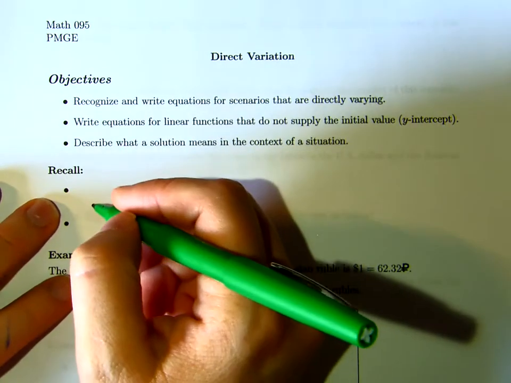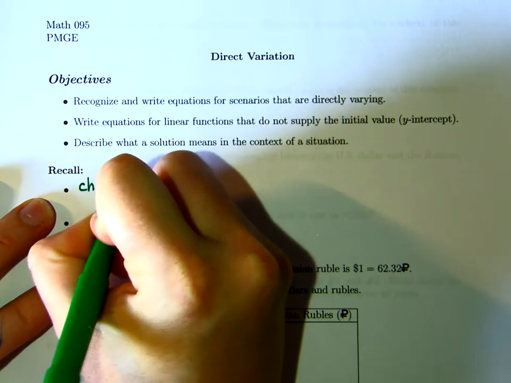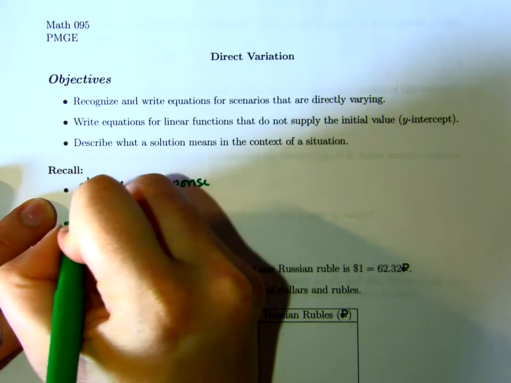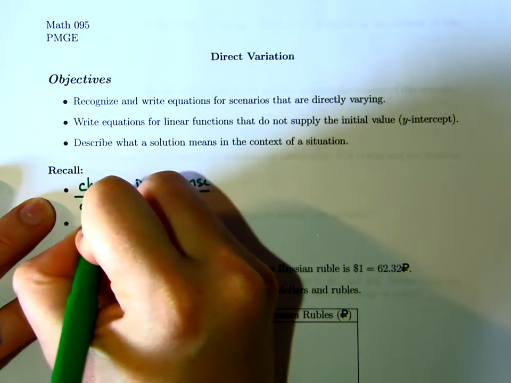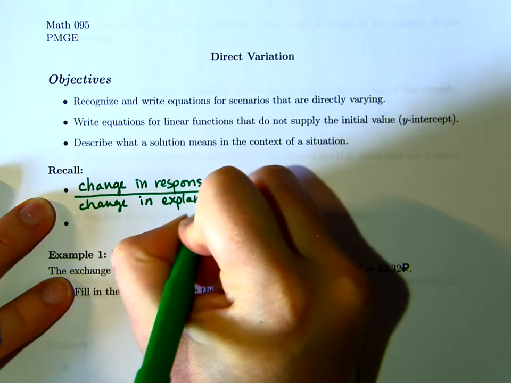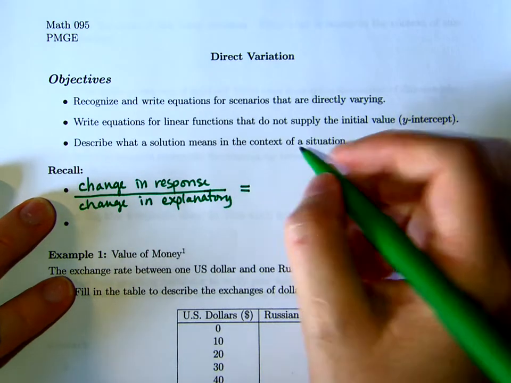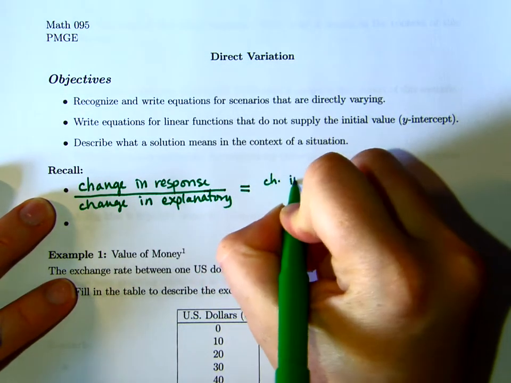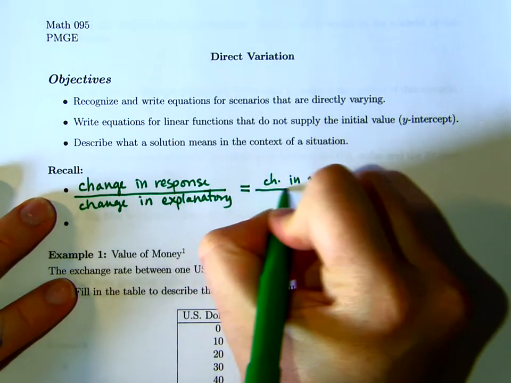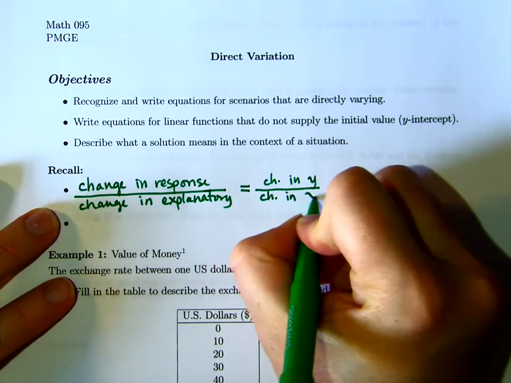And I want to remind you that the ratio of the change in the response to the change in the explanatory variable, that ratio is the change. Response is usually called y in your calculator, and the explanatory is usually called x.